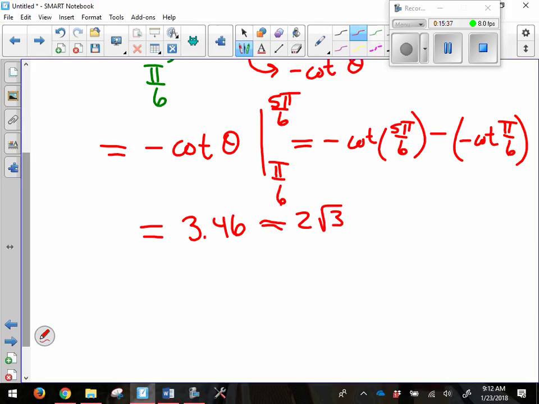Because one of them ends up being negative. You end up with another negative sign in there based on reference angle. I think it's the 5 pi over 6. No, it's just that if you remember in your heart that either the sine or the cosine of 30 is radical 3 over 2.